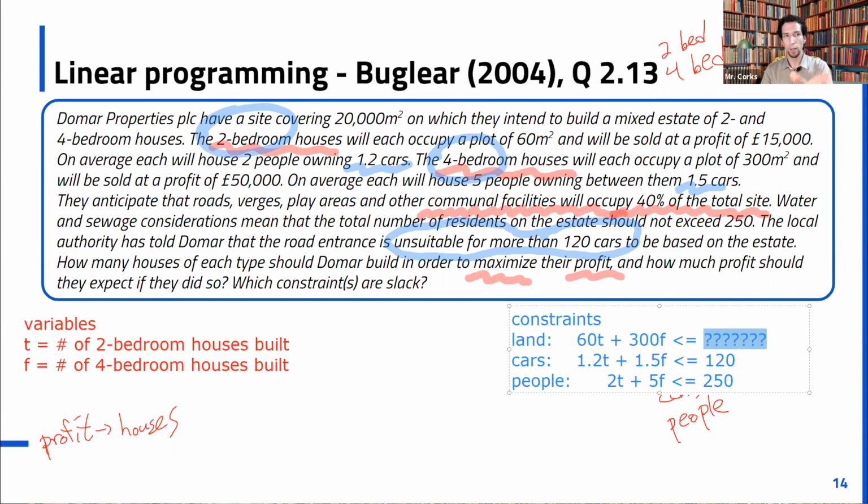The amount of land available to build houses is 20,000 square meters.